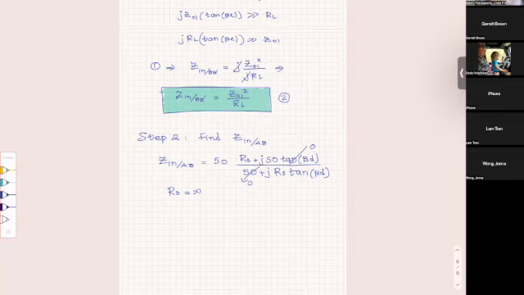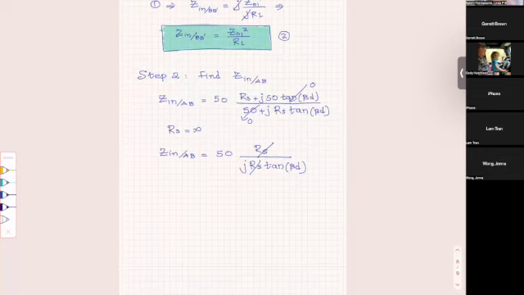So practically, Z input at AB will be 50, and then I will have RS in the numerator and J RS tangent beta D in the denominator, and this I can cancel.